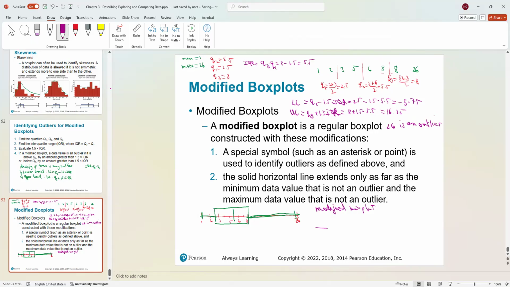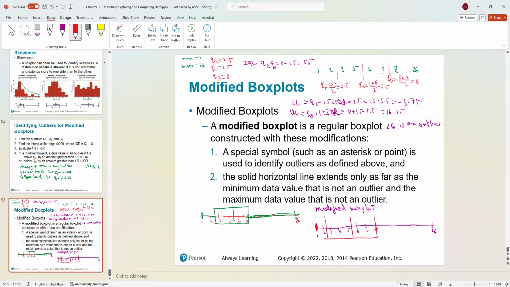On that line where we have the numbers 1, 2, 3, 4, 5, 6, 7, 8, let's suppose we have 26 over there. When we construct it, we know our minimum is here, our Q1 is 2.5, our Q2 is 5.5, and our Q3 is 8.